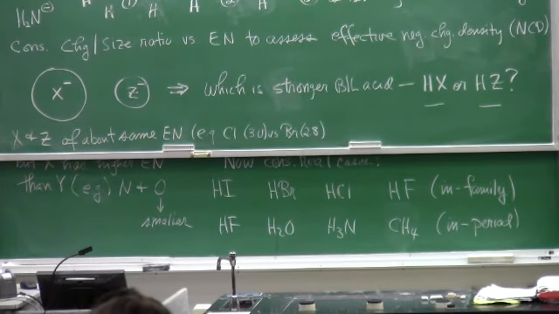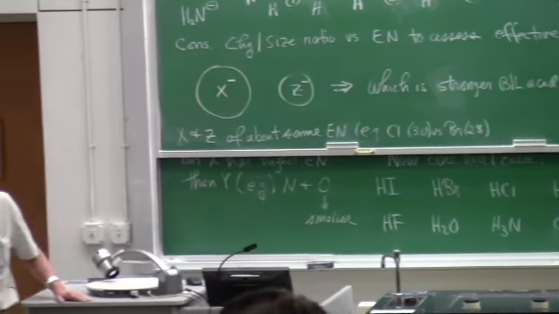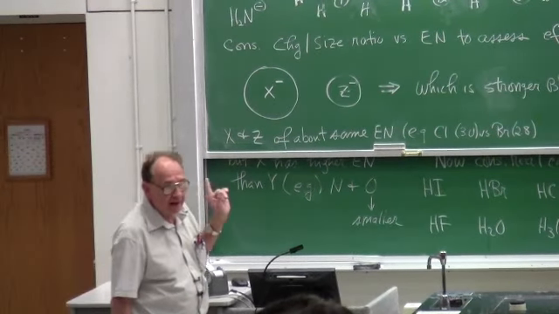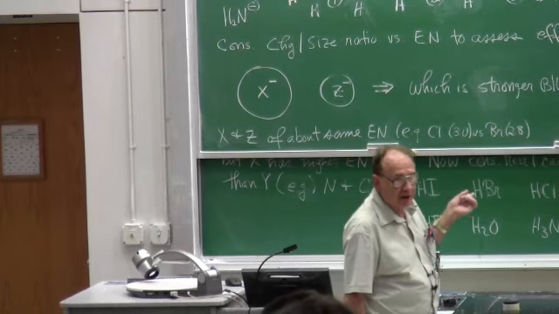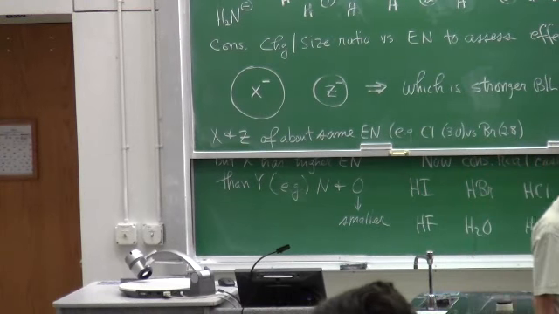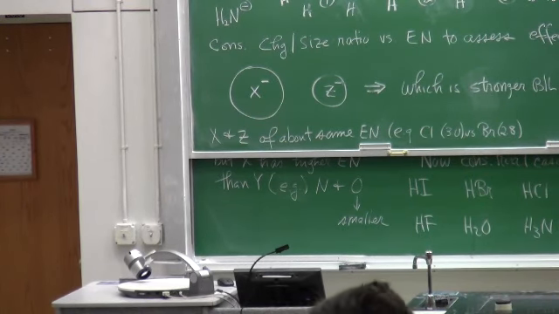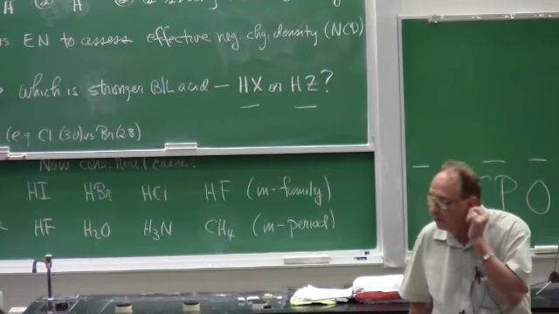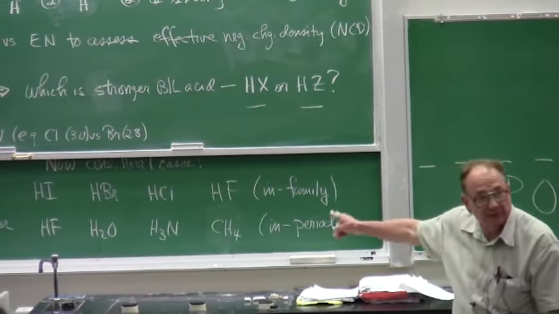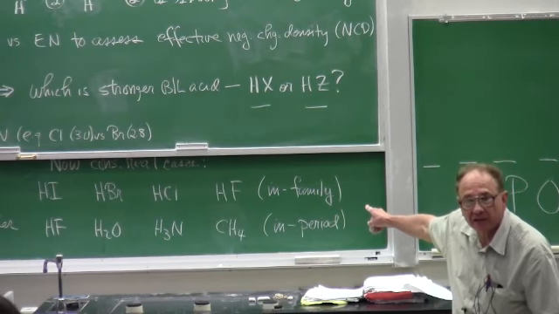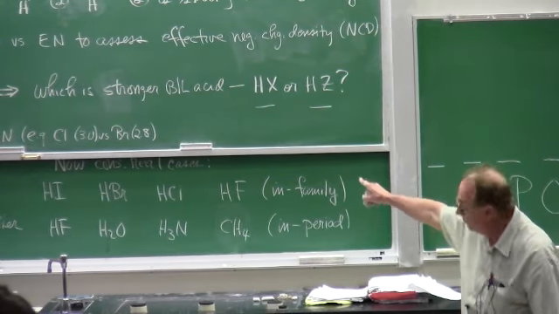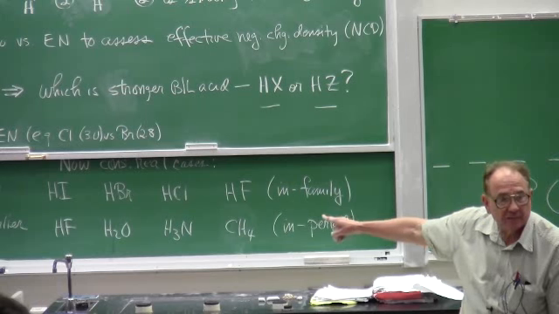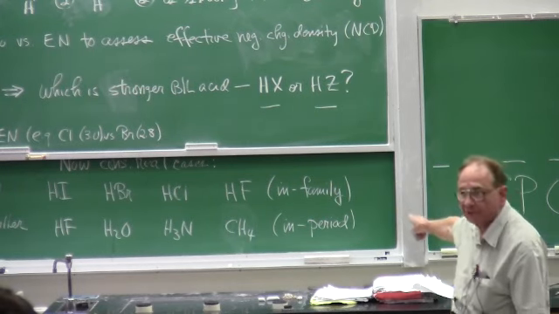For starters, which factor seems to matter more in this assessment? Charge to size ratio to assess effective negative charge density, or electronegativity? Charge to size ratio. Big difference in size, but the anions are derived from atoms that are about the same in electronegativity. Okay so far?